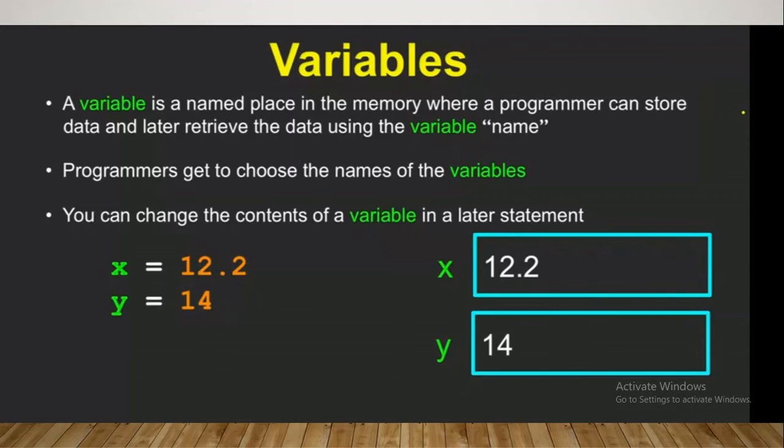So x equals 12.2 means it is assigned the value 12.2. In this space x we are keeping 12.2, and likewise we assigned y equal to 14 in this space. That's the concept. As you practice more and more, you get the experience of it.